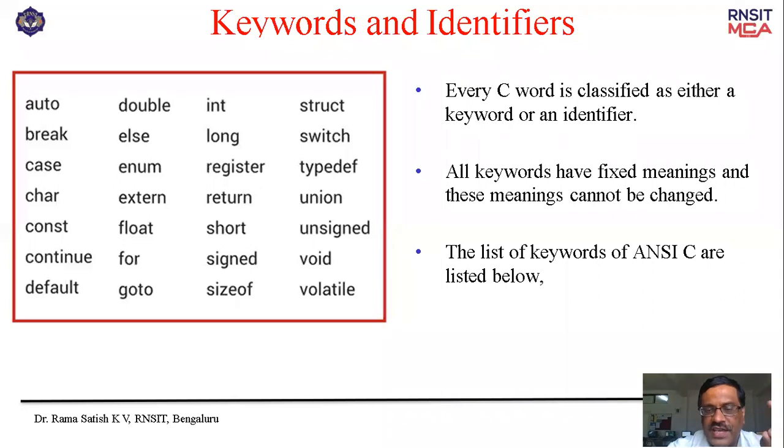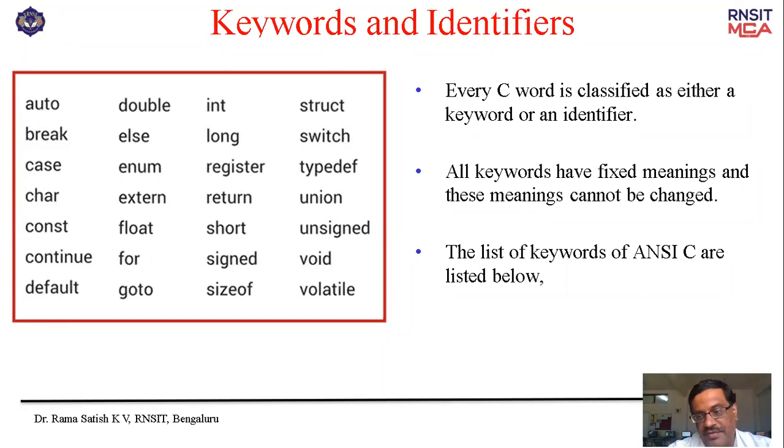These reserved words and keywords are one and the same. You should not use that name as a variable, as an identifier, as a function name, or as a constant.